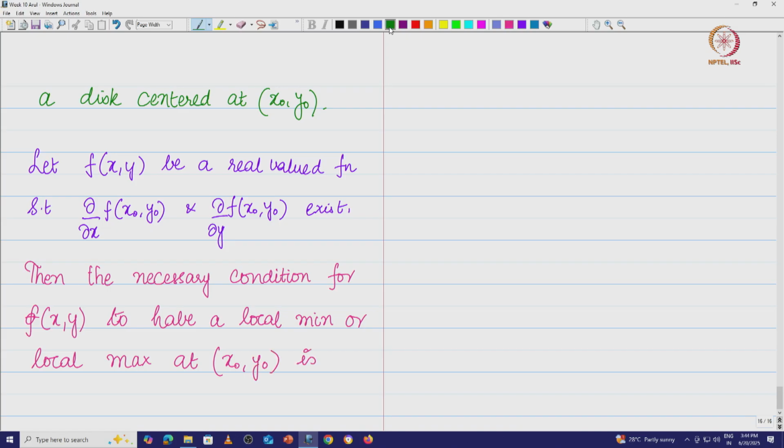What is that? The gradient of the function f at x naught comma y naught is equal to 0.